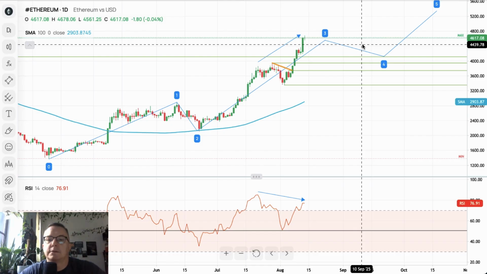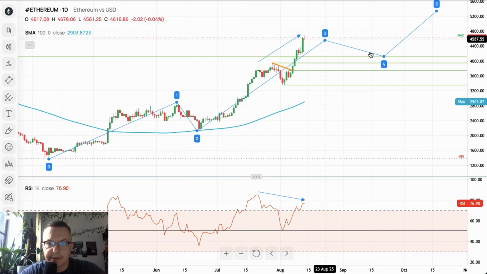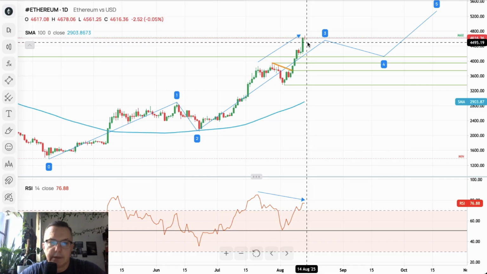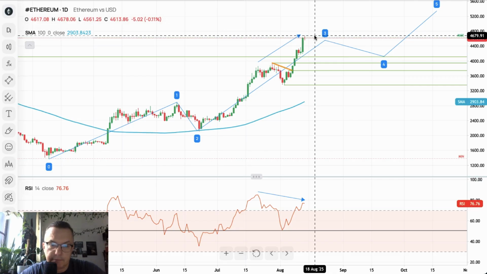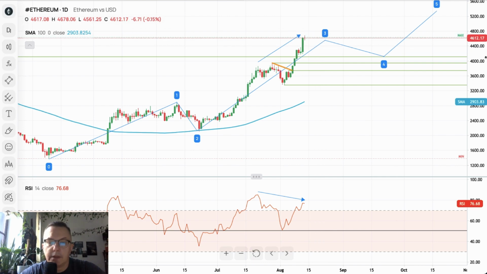We just need some sort of pullback or correction in wave 4, unless the market extends this wave 3 even higher. But 161% is the perfect target for wave 3 overall. So we should expect this market to be more susceptible to downside movement than to upside movement.